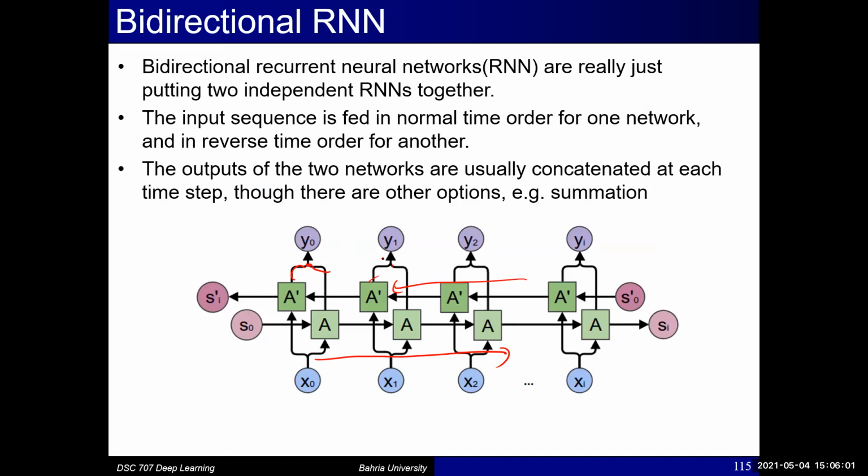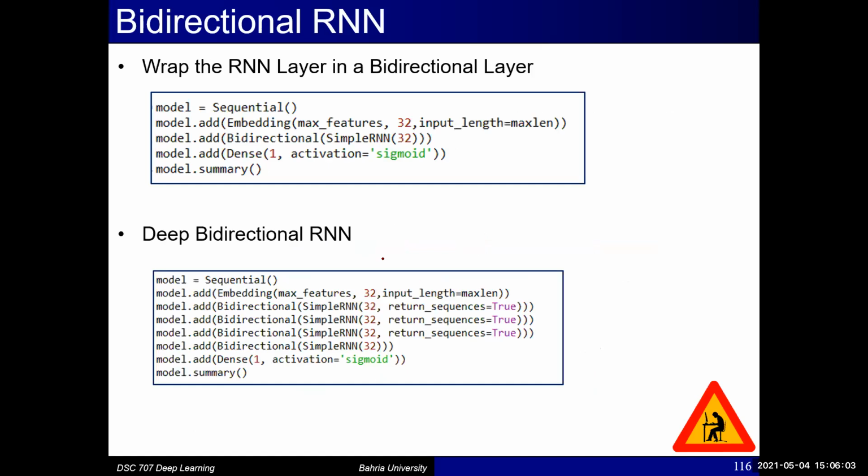If you want to implement a bidirectional RNN, from the viewpoint of implementation, it is very simple. You just wrap this RNN in another layer which is called Bidirectional, and everything else is handled at the back end. You don't need to worry about how things are being handled, they will be concatenated, and you don't need to worry about how to parse the input from left to right or right to left.